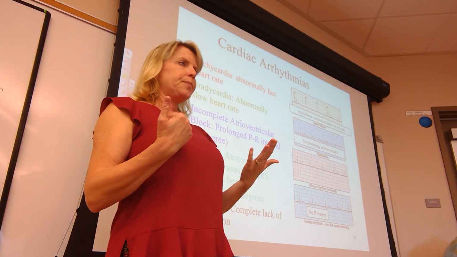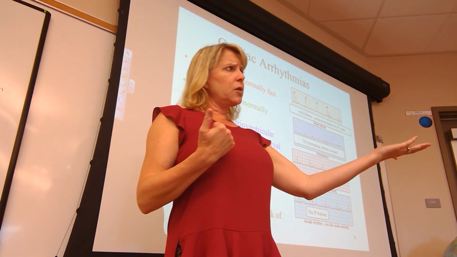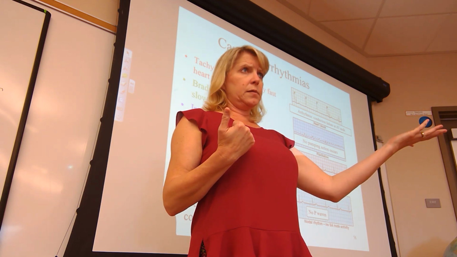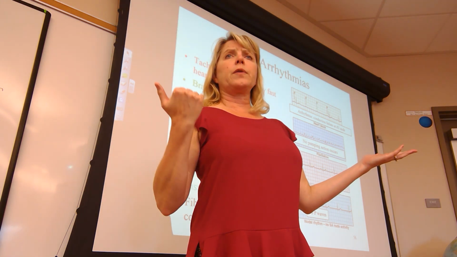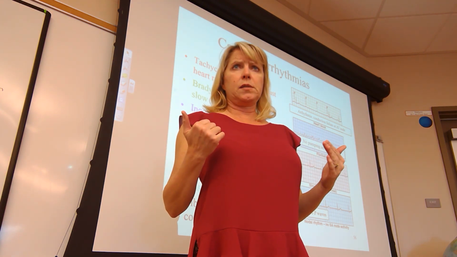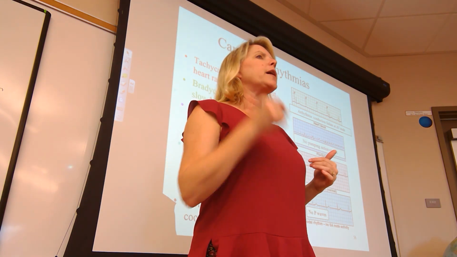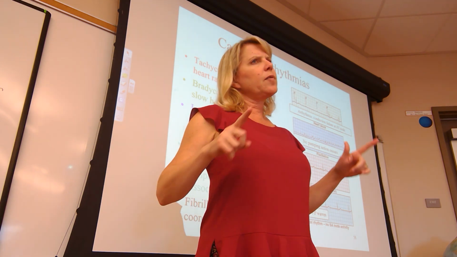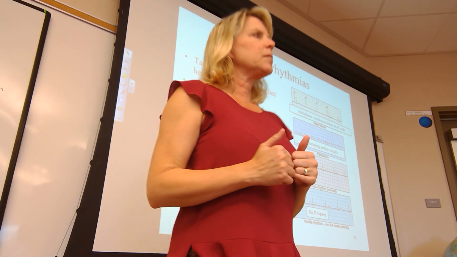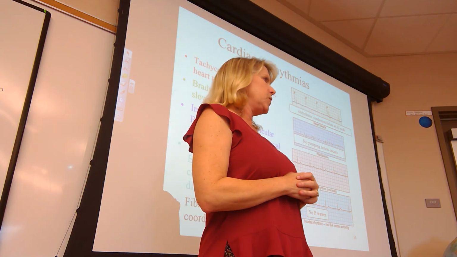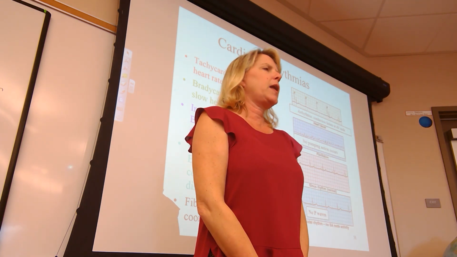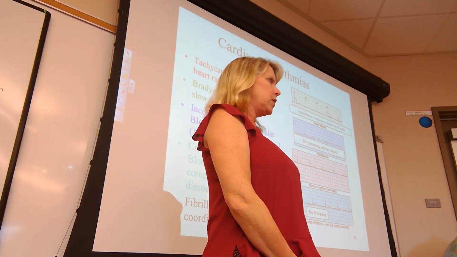On your exam, I will only ask you about AV nodal block first degree or third degree. First degree means your PR interval is more than 0.2 seconds. When you come back from your break, I will explain what that means. More than 0.2 seconds for a PR interval is suggestive that your patient has first degree AV nodal block.